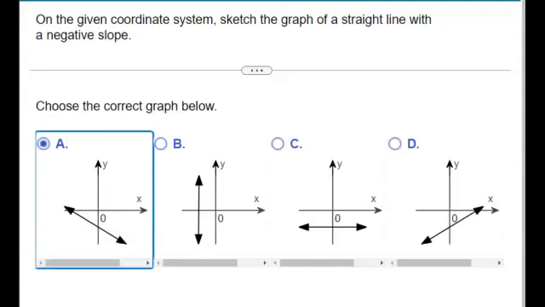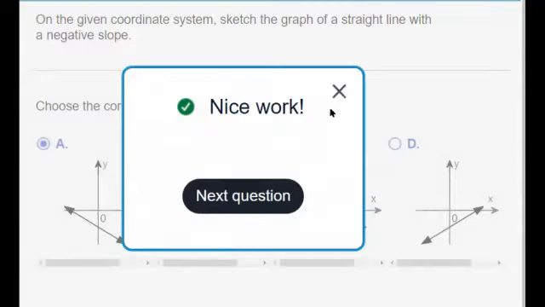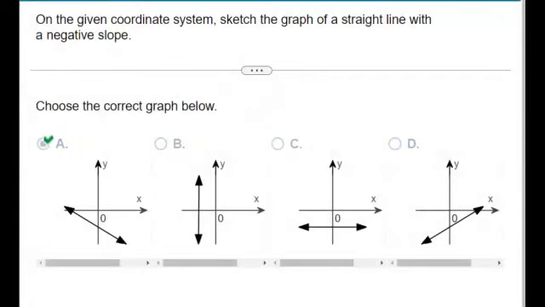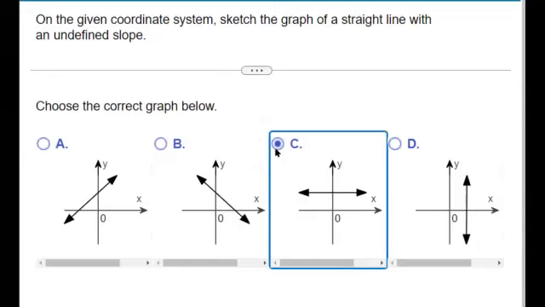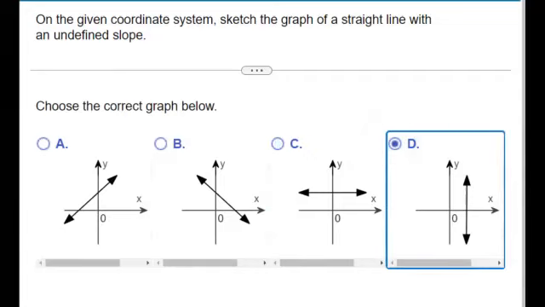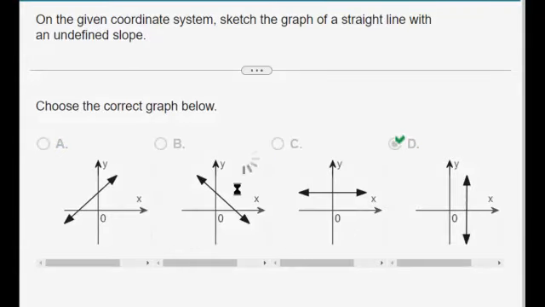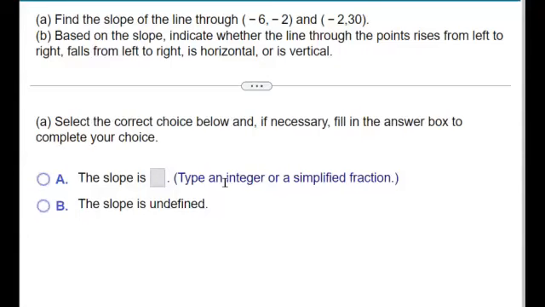Now it's asking me about a negative slope. That's the one that goes downhill. It's asking me undefined again. But if it had said 0 slope, it would be this one. That's 0 slope. But it skipped that one for whatever reason. Now it's back to undefined, so I'll just leave it. We'll go to the next question.